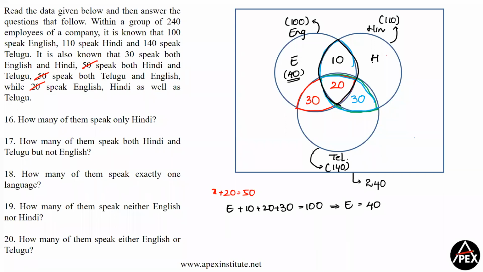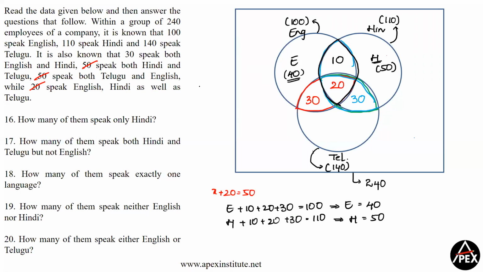Now let us consider H represents the persons who speak only Hindi. In that case, H plus 10 plus 20 plus 30 should be equal to 110. So H is equal to 50. So you have 50 employees who speak only Hindi.